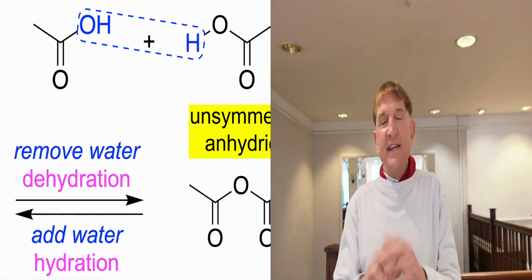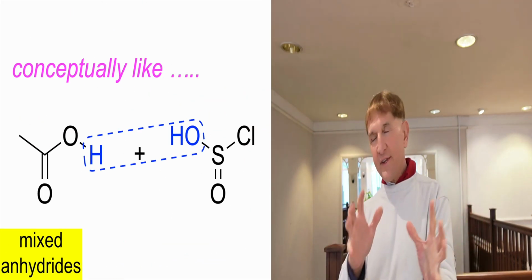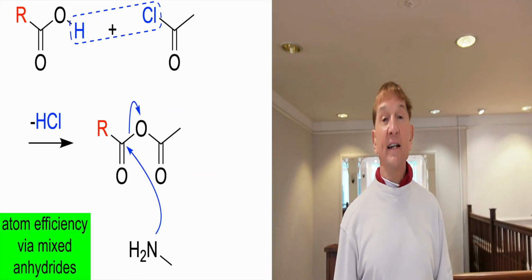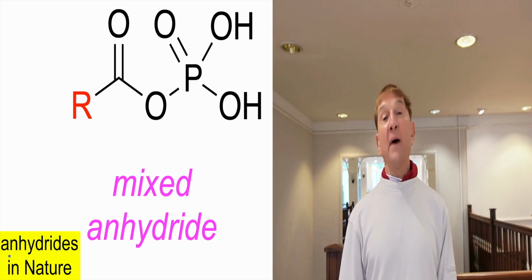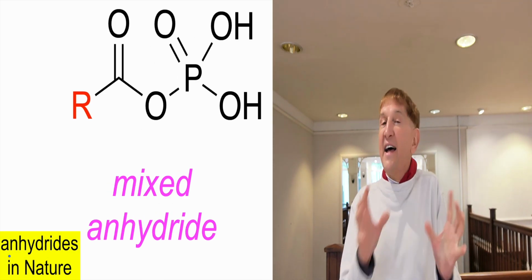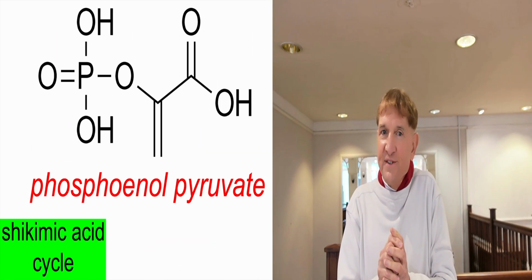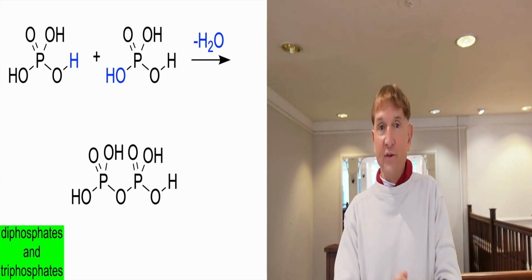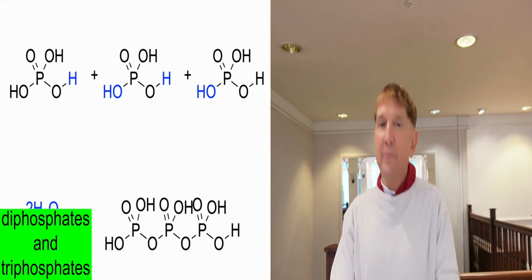So I hope you can see that in organic chemistry for synthesis, symmetrical, unsymmetrical, and mixed anhydrides play a role. But in life, anhydrides of phosphorus based on triphosphate, diphosphate, and monophosphate units are pivotal.